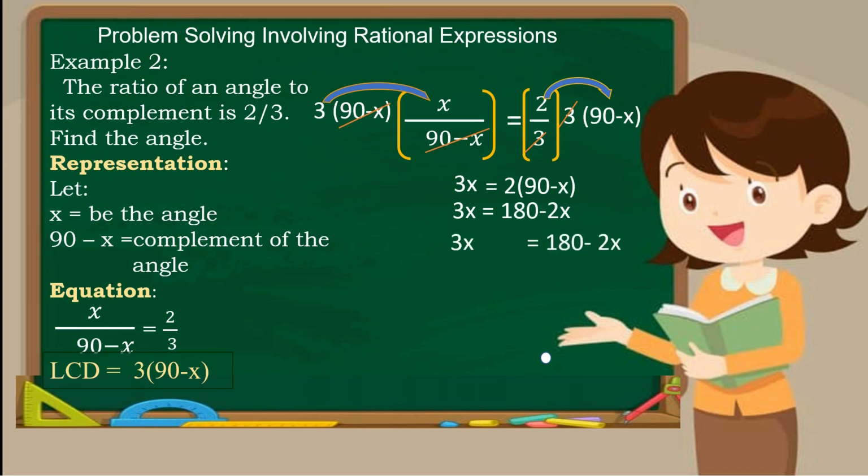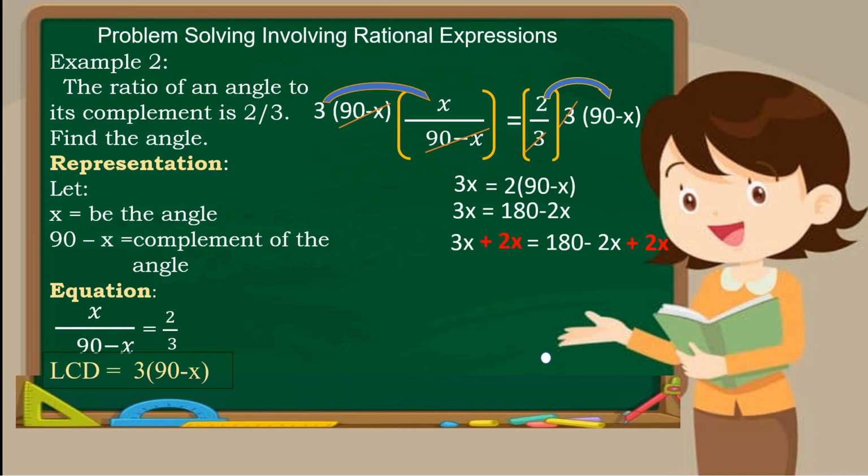Mag-add tayo. Sinulat pala natin, 3x equals 180 minus 2x. So, mag-add tayo ng sarili niya. So, minus kasi yung sign, gawin nating plus 2x. And then, you have to be fair all the time.